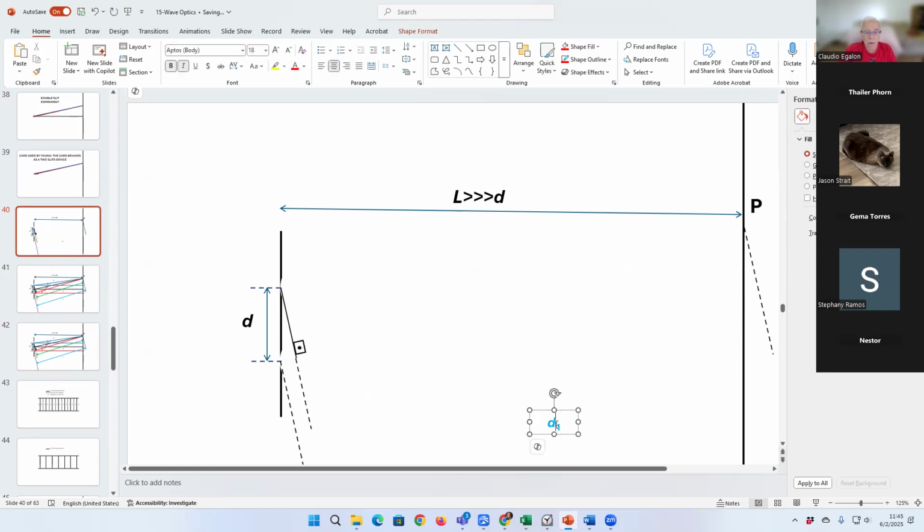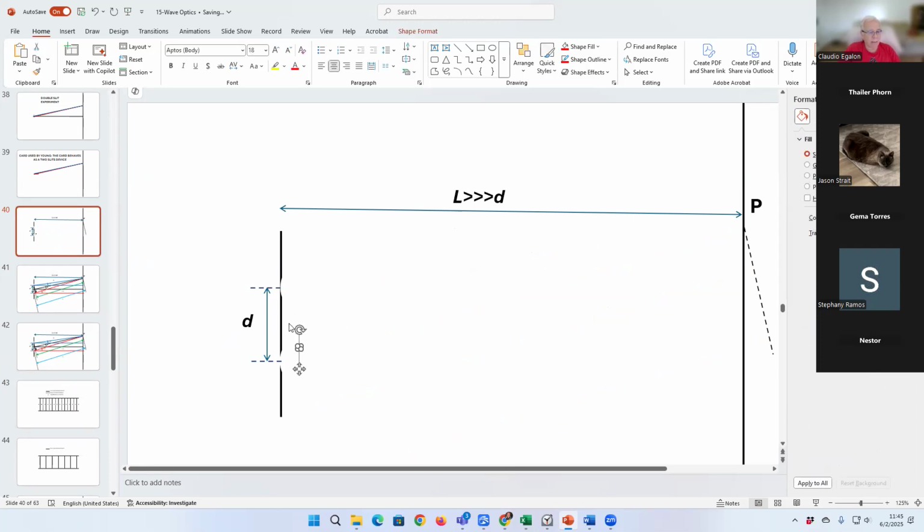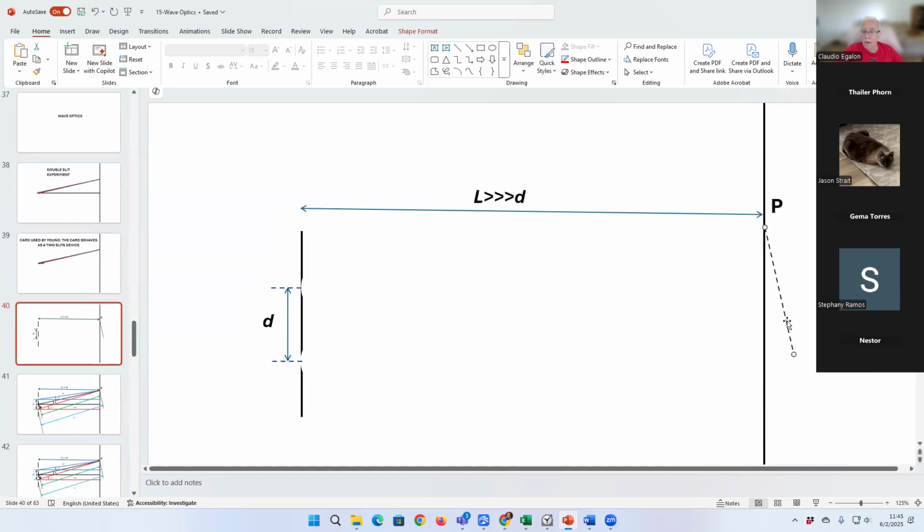Here we have the screen on the right. And on the left, we have the double slit. The slits are separated by a distance d, and the screen is at a position very far away from the slits. It's not to scale, okay?